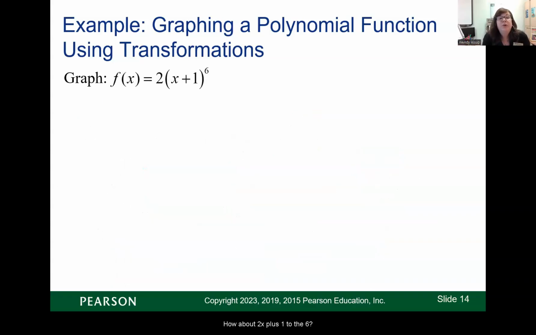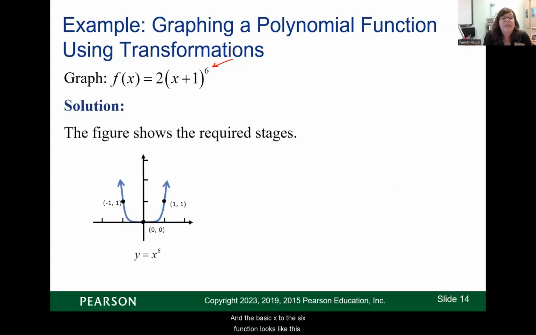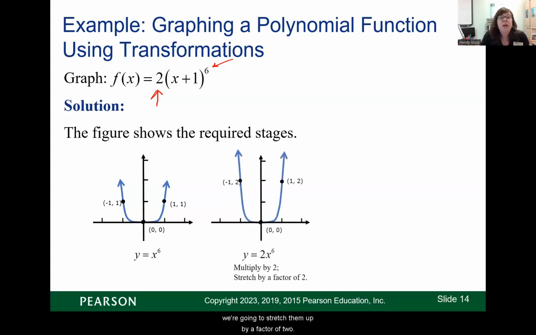How about 2x plus 1 to the 6th? Couple things. First of all, this one's an even function. The basic x to the 6th function looks like this. All right, now the 2 is a stretching upward. So when you plug in the x values, we're going to stretch them up by a factor of 2. And so negative 1, 1 becomes negative 1, 2. 1, 1 becomes 1, 2.